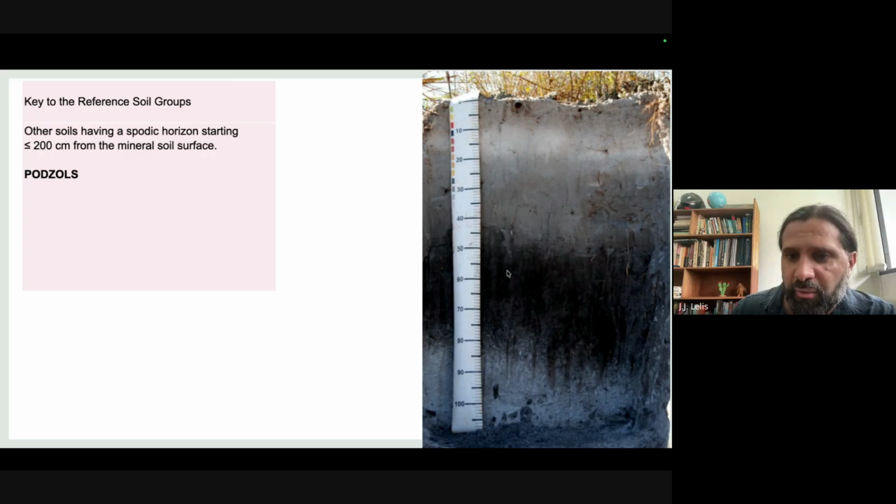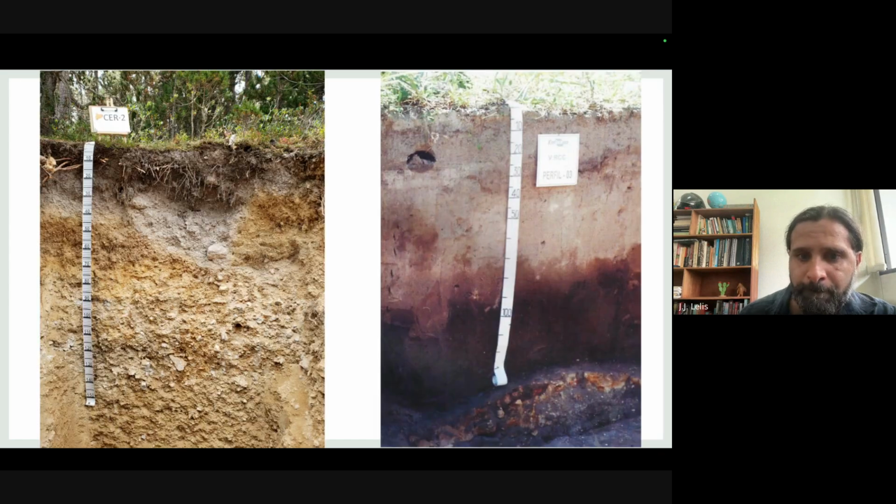These spodic horizons express concentration of organic matter, and we have a lot of lab analysis to confirm the presence of a spodic horizon, and especially the absence of allophane, imogolite, vitric, and andic properties to classify something as a spodic horizon. Okay, all of these soil profiles are podzols.